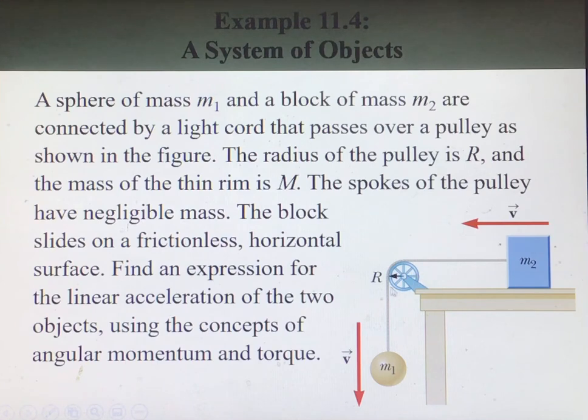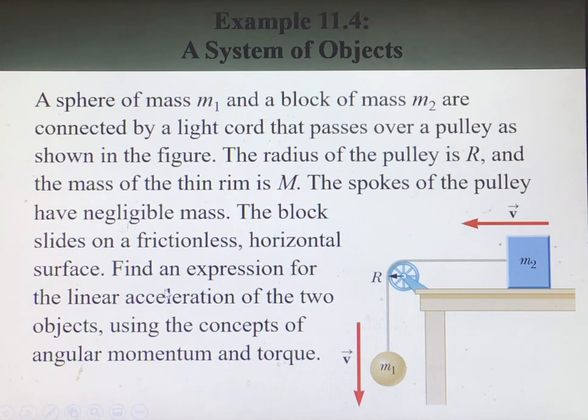Notice that this pulley has a radius R, and as M2 is going to move to the left and M1 is going to slide down, this pulley is going to be rotating in the counterclockwise direction. So there is some rotation going on right here.